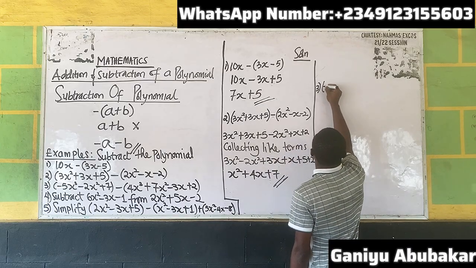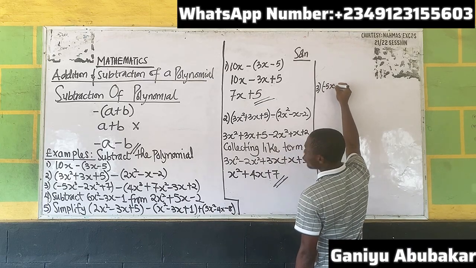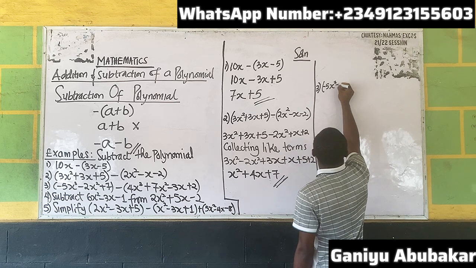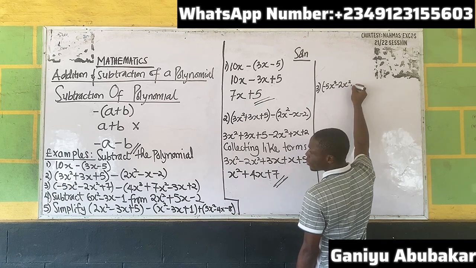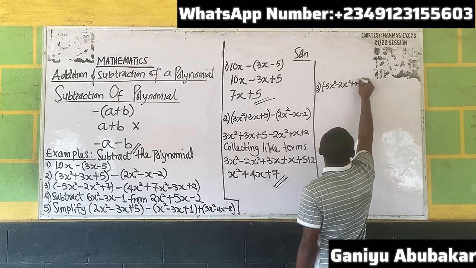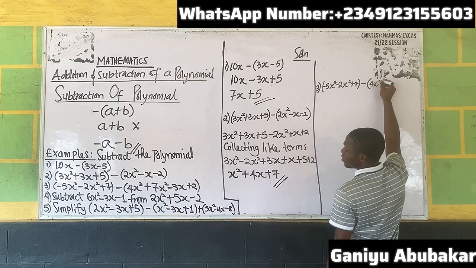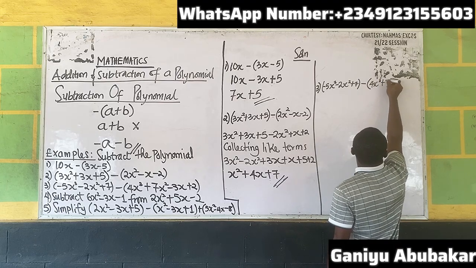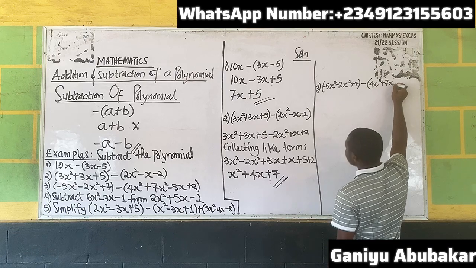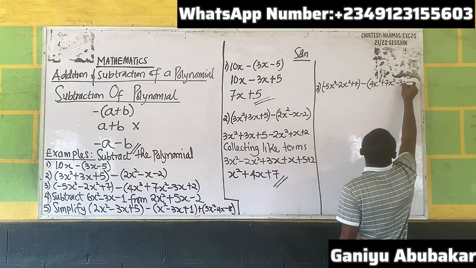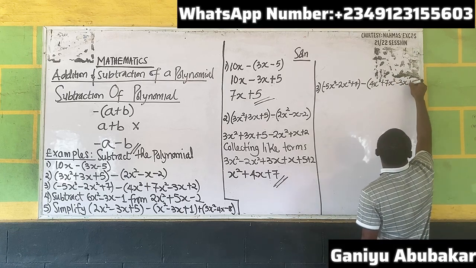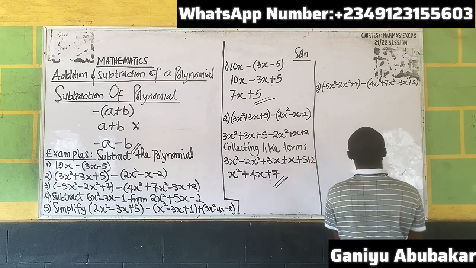That gives you minus 5x cubed minus 2x squared plus 7 minus, this gives you 4x cubed plus 7x squared minus 3x plus 2. Alright, that is done.